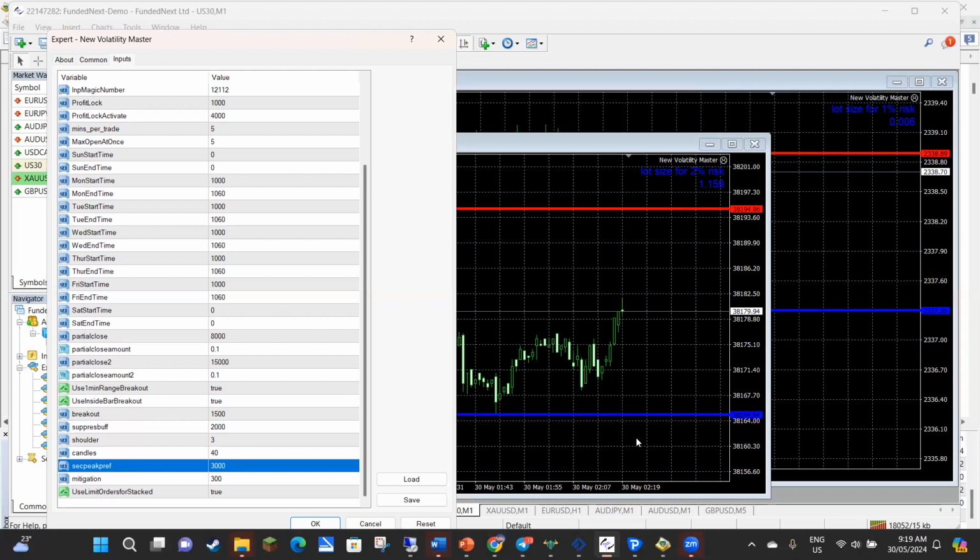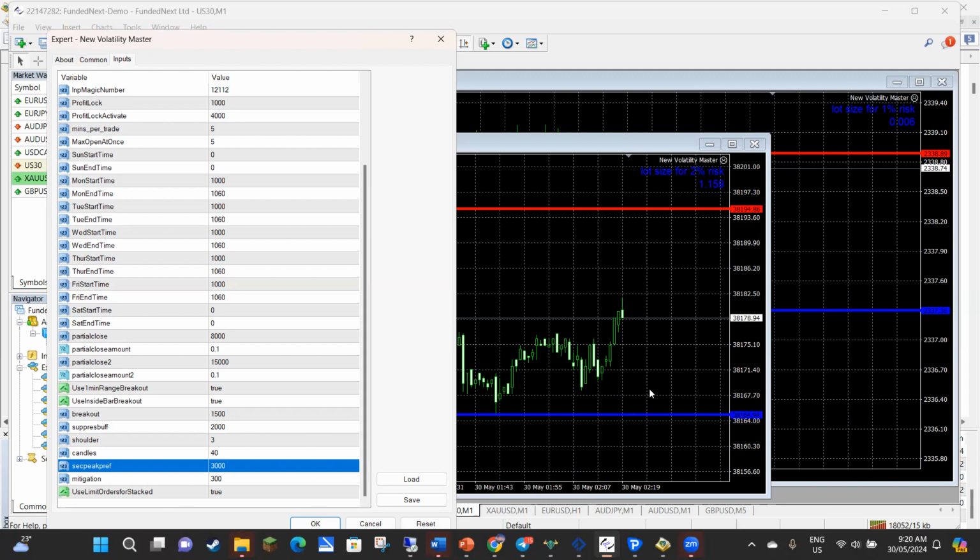When it breaks below, so when the market got to here, it would place a limit order, in this case 300 points before the bottom of the range. It's got to break below the range, but then it's putting a limit order here, meaning it's going to wait for the market to move back and activate it, so to move back and mitigate it.